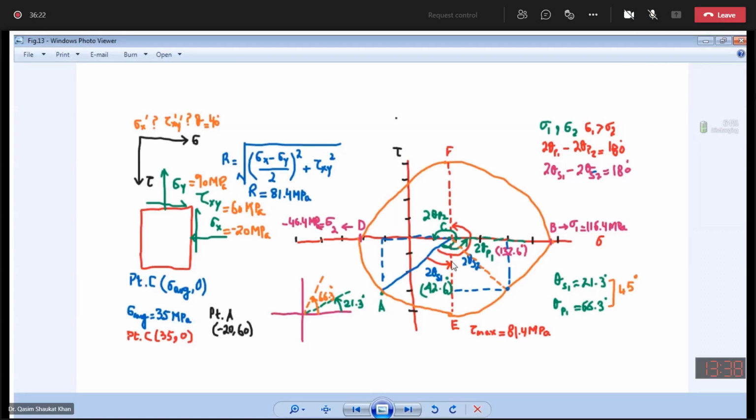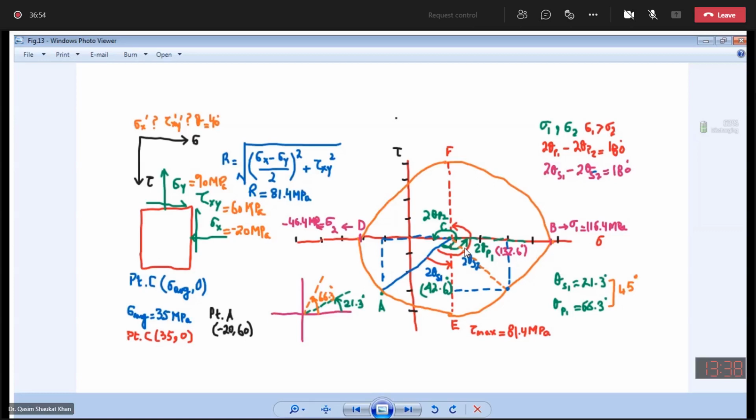Now, if you also want to calculate 2 theta P2, moving from the reference plane CA in the same counterclockwise direction, you will get 2 theta P2. The difference between 2 theta P1 and 2 theta P2 is 180 degrees. So 2 theta P2 will be equal to 2 theta P1 plus 180 degrees.